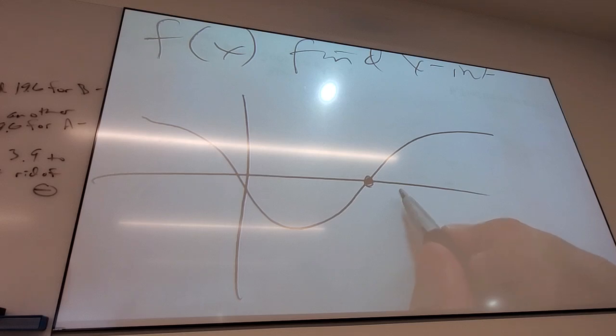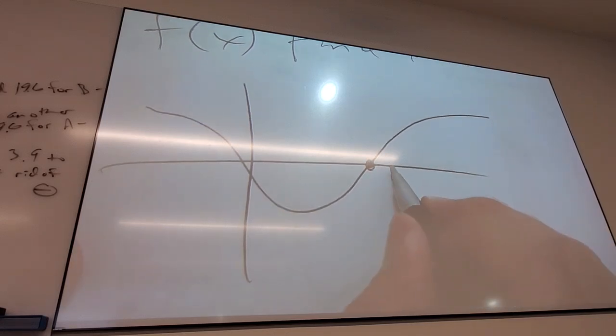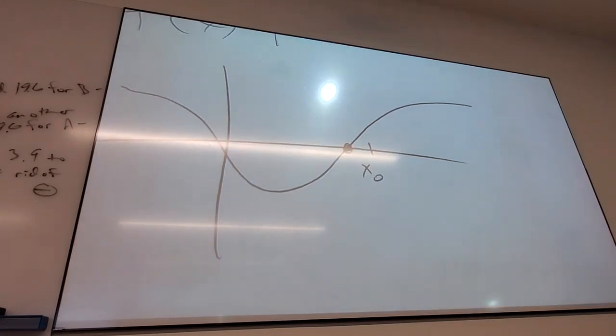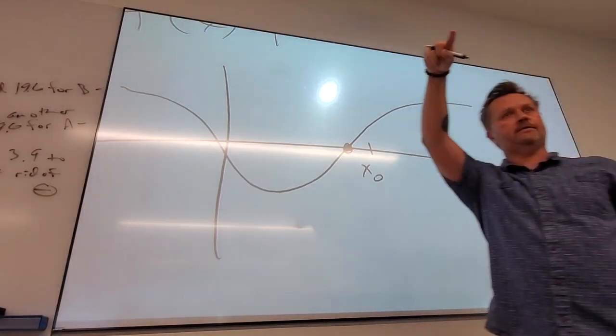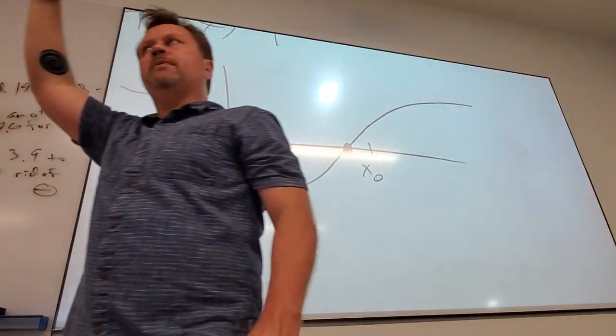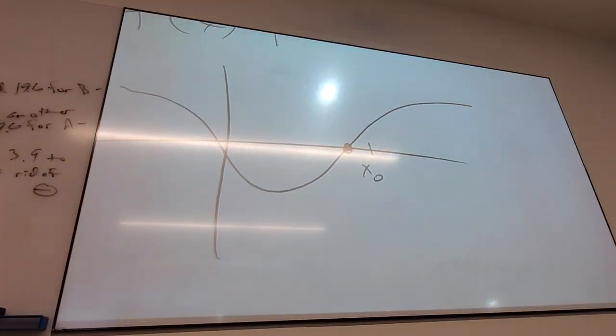If I guess at the intercept, let's say our first guess is x0. So part of this process, and that's why the calculator asks for a guess, depends on your guess being decent. If you just feed it like 1,000, it's going to freak out.